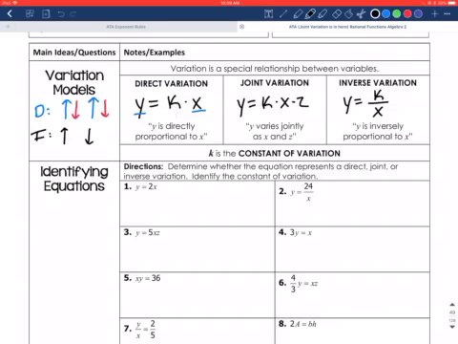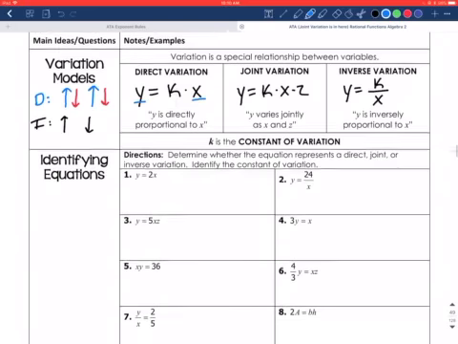Say it takes you 30 minutes to get to Raleigh and you're going 55 miles an hour, and then you decide to get risky and increase your speed and go 65 miles an hour. You're going to get there in less time. So as your speed goes up, the time it takes to get there is going to decrease, right? Or the opposite: as your speed goes down, the time it's going to take to get there will increase.